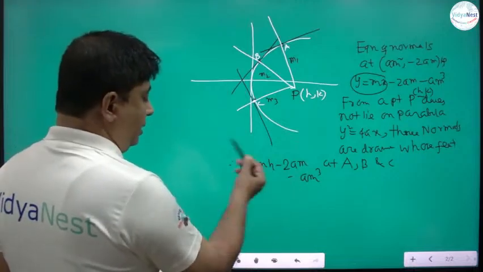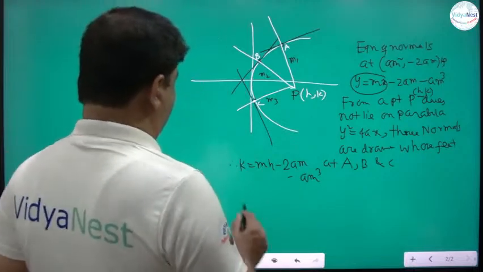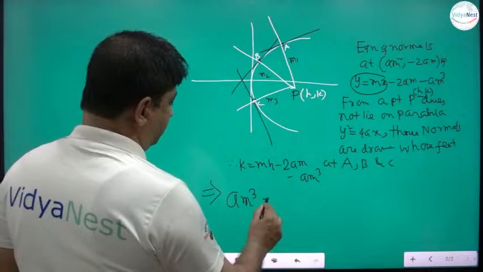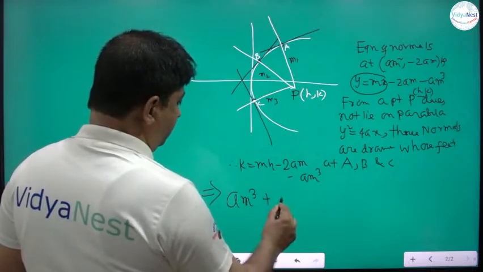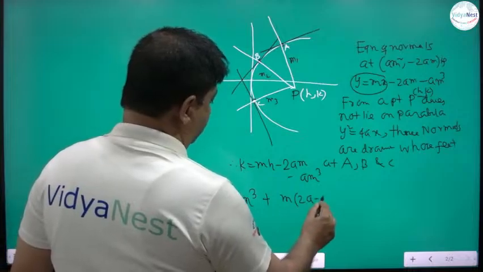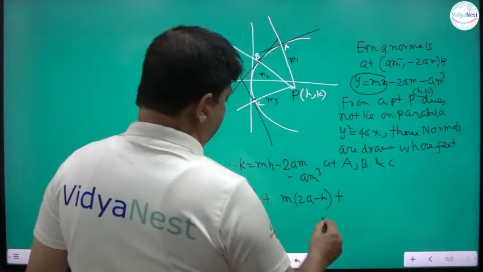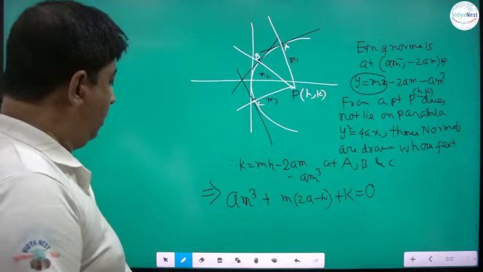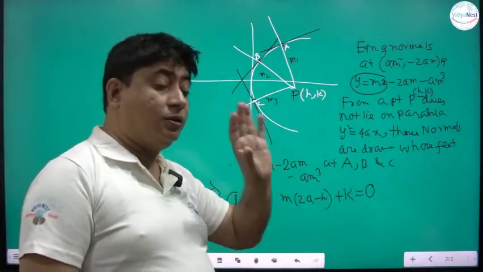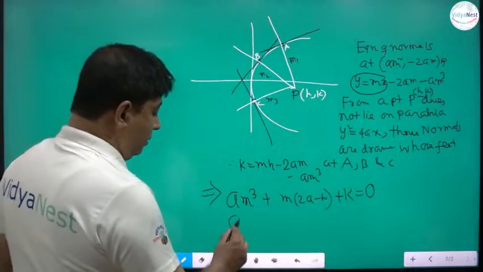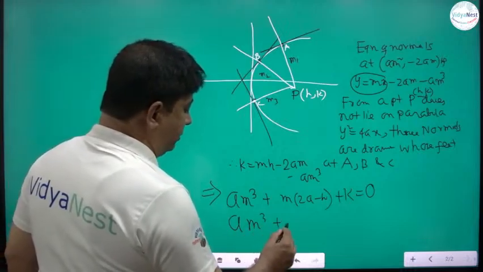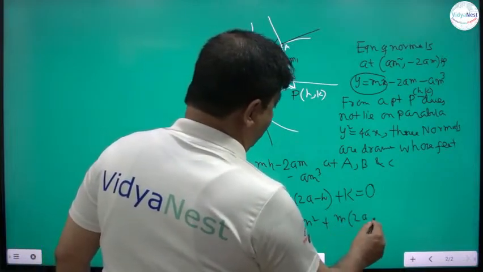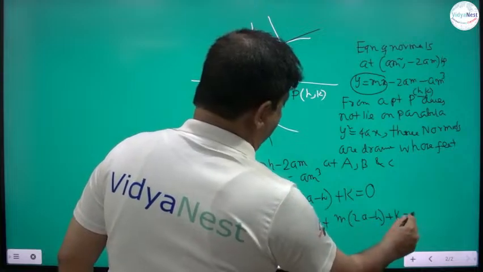So bring all the terms to the left hand side and keep 0 on the right hand side. You can ask me, where is the square term? There is no square term. You can write m cube plus 0 times m square plus m(2a minus h) plus k is equal to 0.